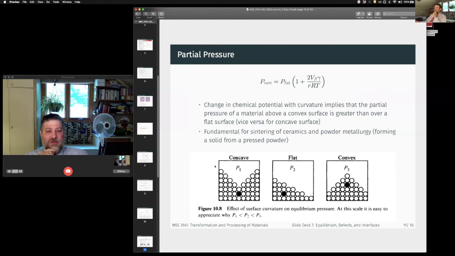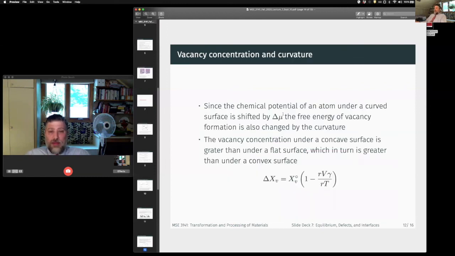So this is fundamental for sintering of ceramics and powder metallurgy, which is one of those processing steps that we'll talk about. So this really provides the driving force for how we go from a loosely pressed powder compact to a solid ceramic based on heating well below the melting point, okay?